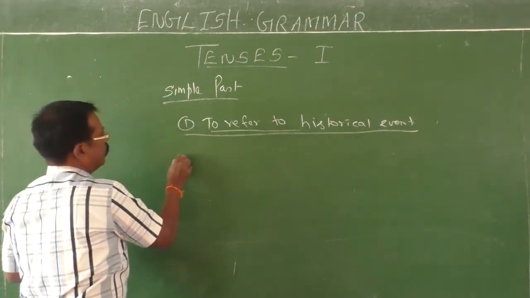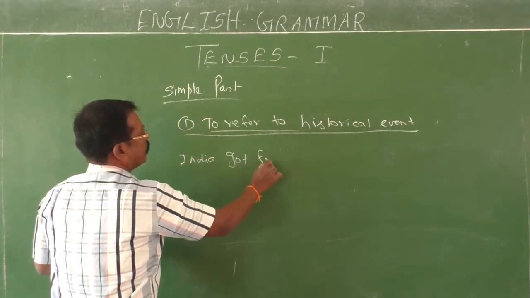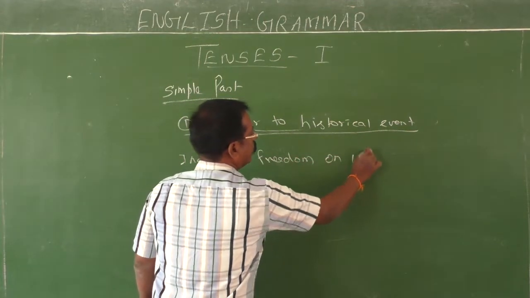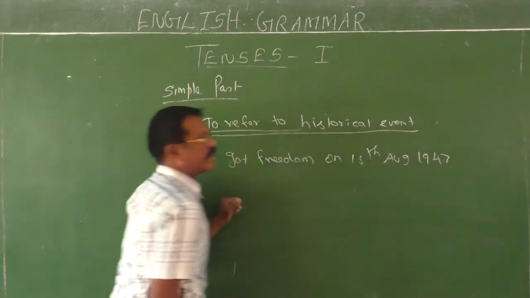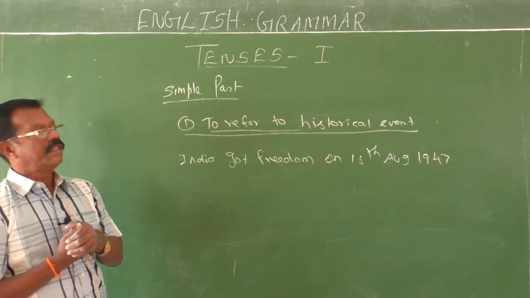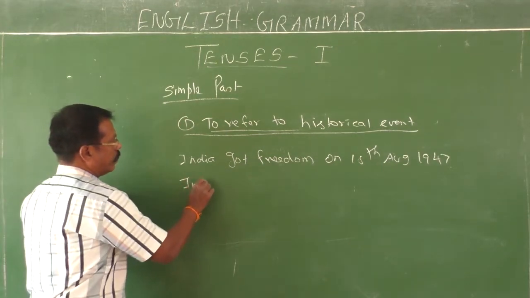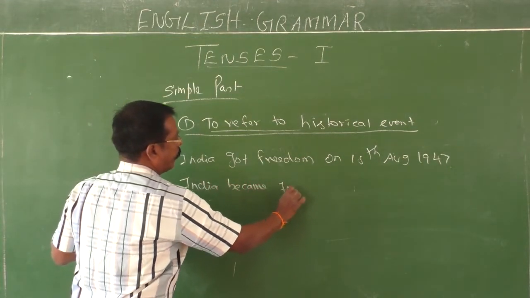For example, India got freedom on 15th August 1947. It's a historical past. So to refer to historical events in the past, we use simple past. And then, India became independent.